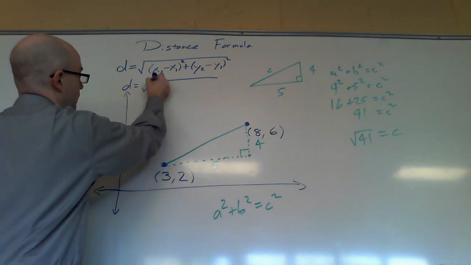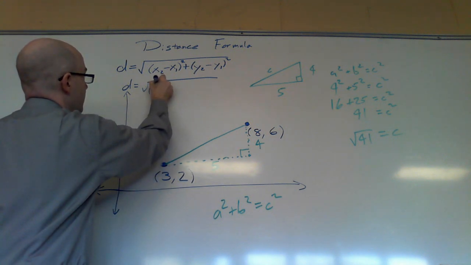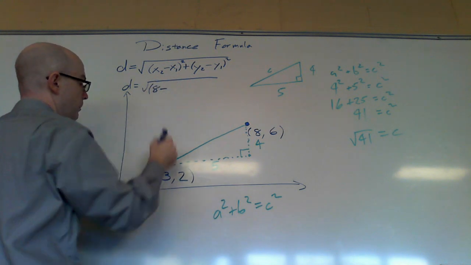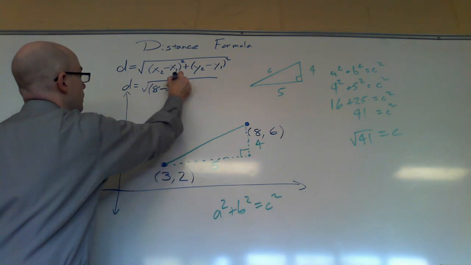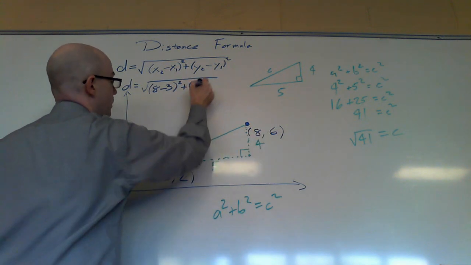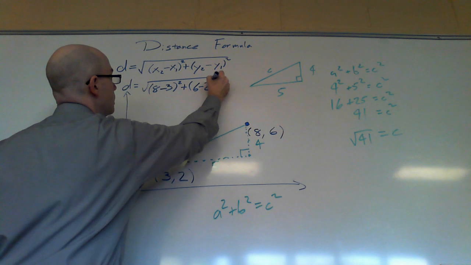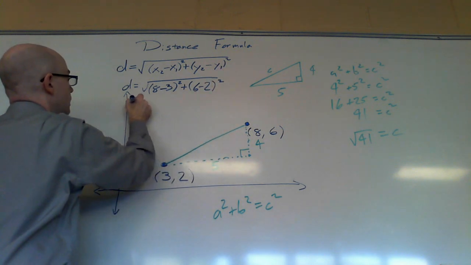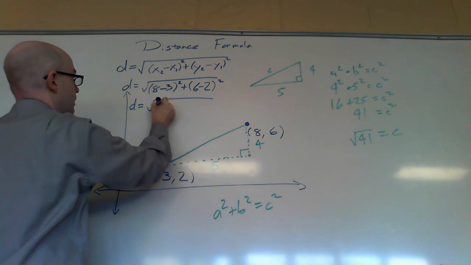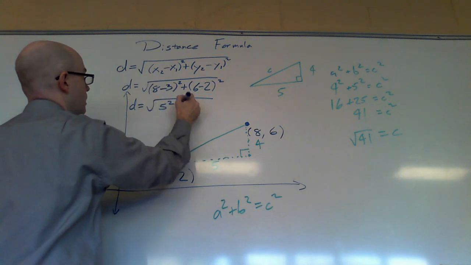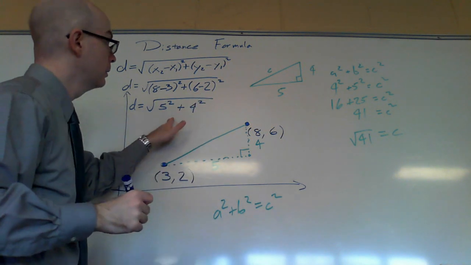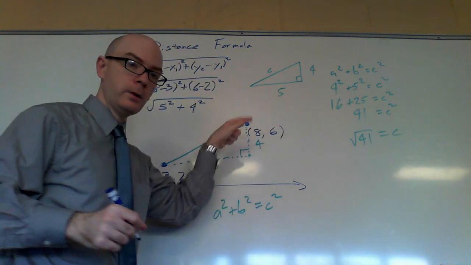I can plug in here. So I've got the x2 that I want to use, 8 minus 3 squared plus 6 minus 2 squared. Simplify: 8 minus 3 is 5 squared, 6 minus 2 becomes 4 squared. Oh, looking a little familiar here now, huh?